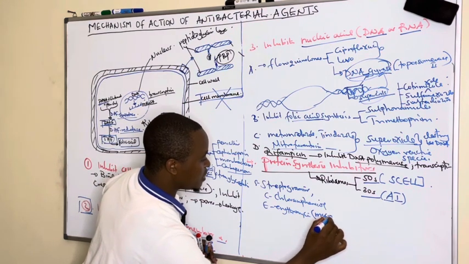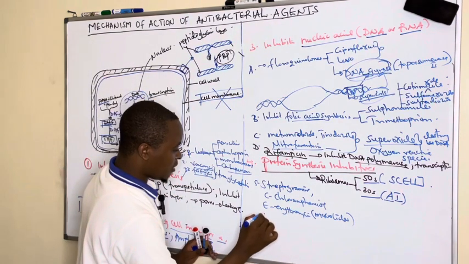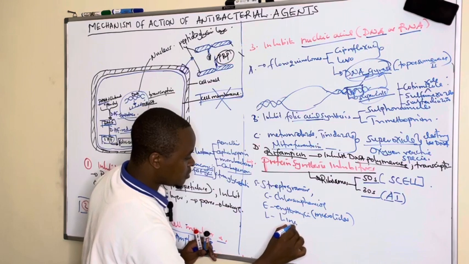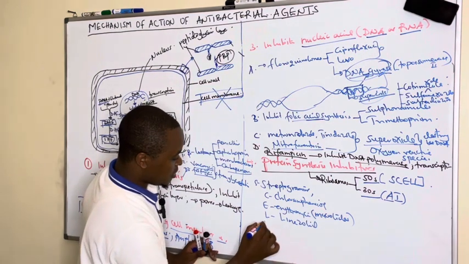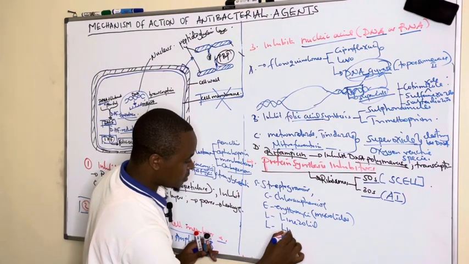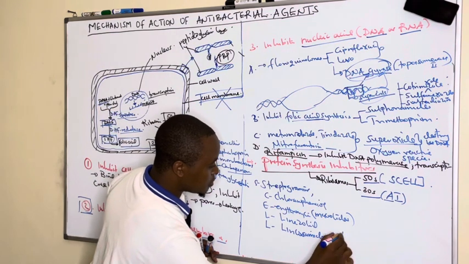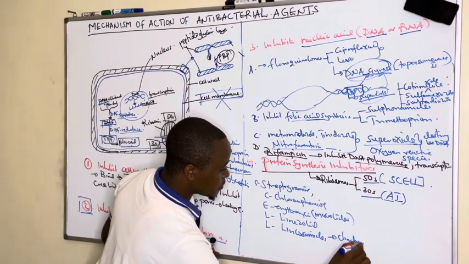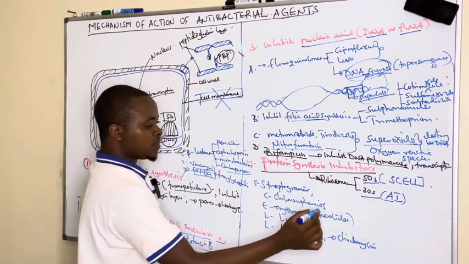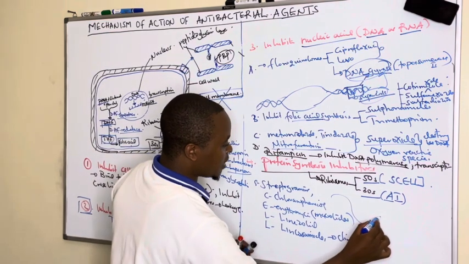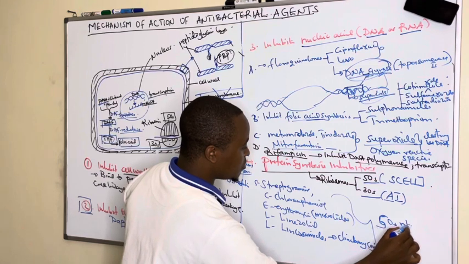So this one is representing macrolides. So all macrolides act here. Then the first L stands for linezolid, these are oxazolidinones. Then we have another L which stands for lincosamides, like clindamycin. So clindamycin is an example of lincosamides. So all these act by inhibiting the 50S ribosomal subunit.